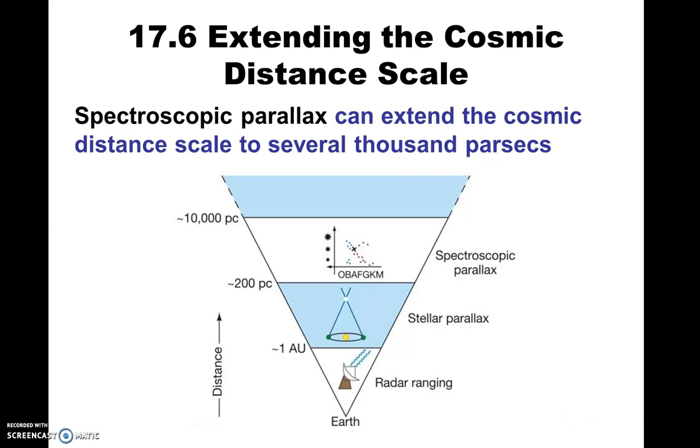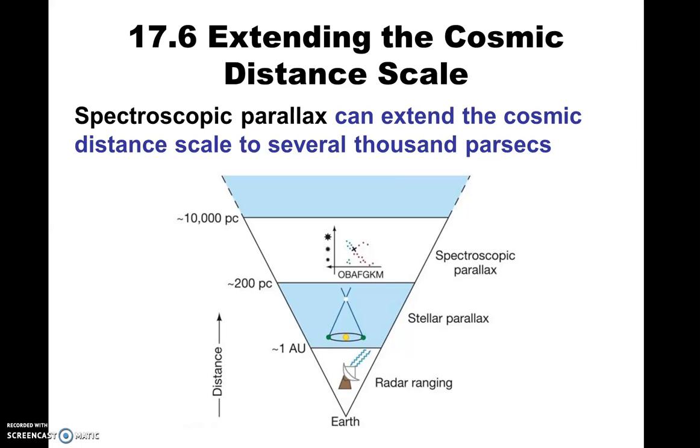All right, so again, stellar parallax is seeing actual parallax in stars, and that works out to roughly 200 parsecs. Although, in the 1990s, we sent a spacecraft called Hipparcos to extend the baseline beyond 1 astronomical unit, which is what we traditionally used as the baseline.